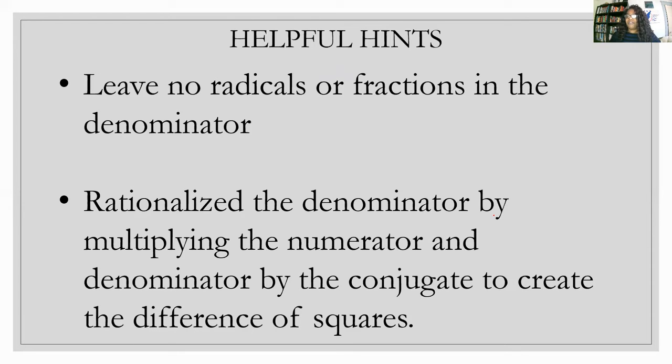So here's a helpful hint. We don't want to leave any radicals or any fractions in the denominator, or underneath a radical. So what you're actually going to do, we have a new word in store. We have this word conjugate.